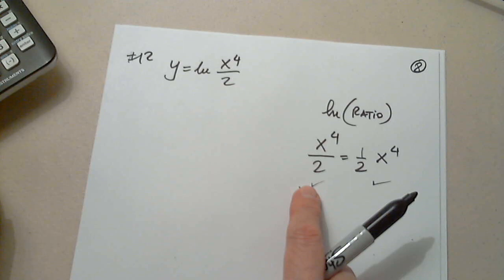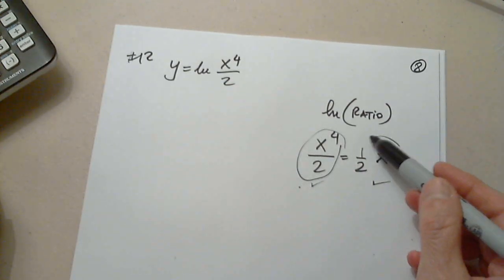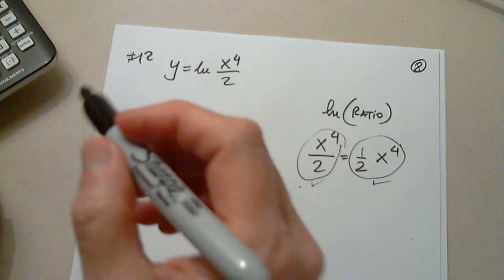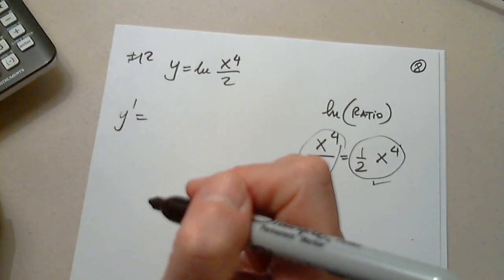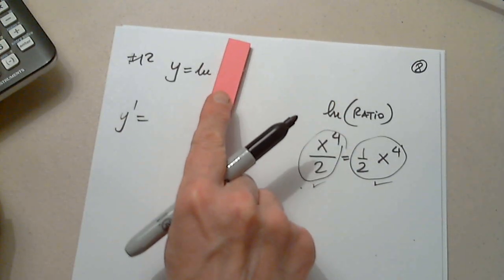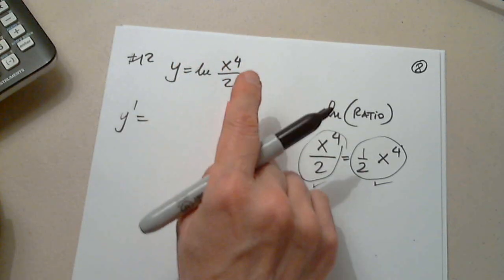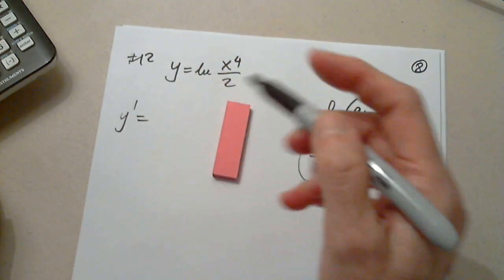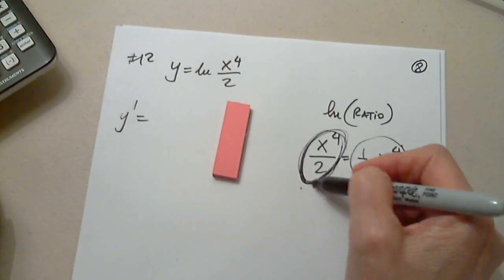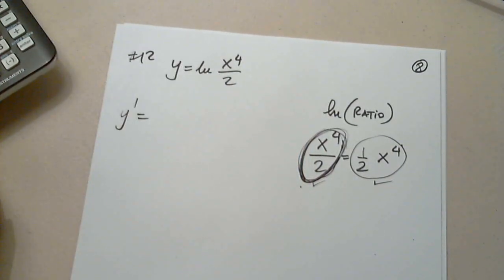So when we want to differentiate, remember, this is a function. We have natural log of a function. This is not natural log x. This is natural log of this function. So how do we differentiate that?